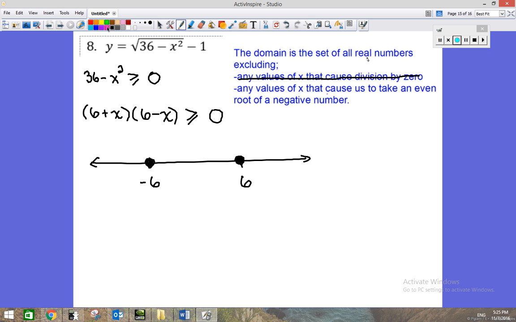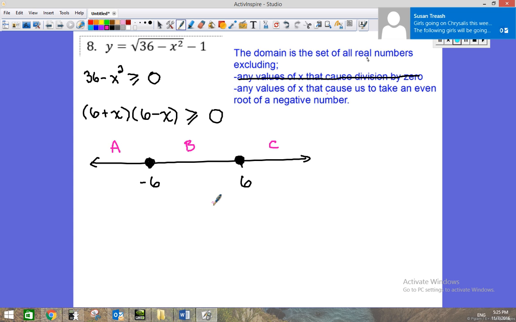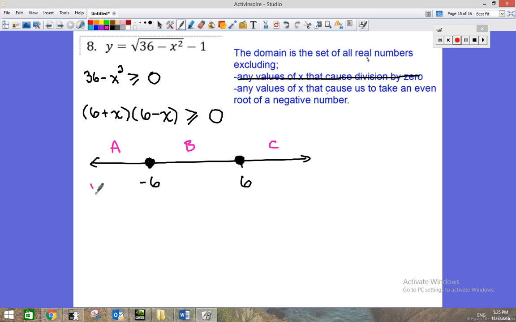Now we saw before that this divides my number line into 3 regions, and I'm going to pick values that we call test points in each region. For values smaller than negative 6, I may as well just pick negative 7.